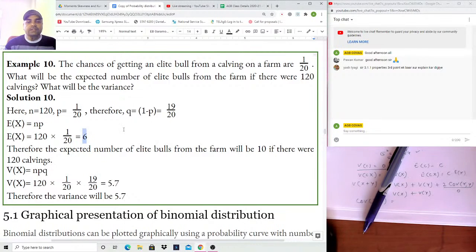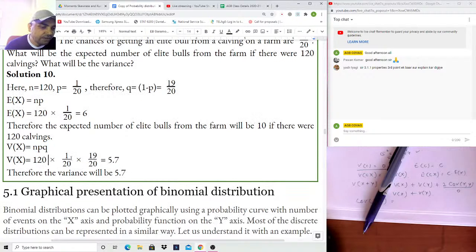So out of these 120 you will get 6 elite bulls. Then the variance will be equal to npq. So 120 into 1 by 20 into 19 by 20 will be 5.7. The variance of getting an elite bull will be 5.7, and the mean is 6 out of 120.